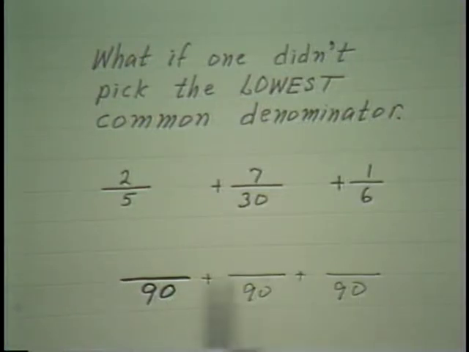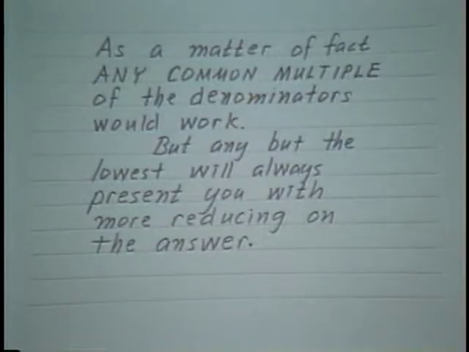As a matter of fact, any common multiple of the denominators would work. But any but the lowest will always present you with more reducing on the answer than you would encounter otherwise. In short, you would simply get more work to do, and that's something generally we try to avoid.